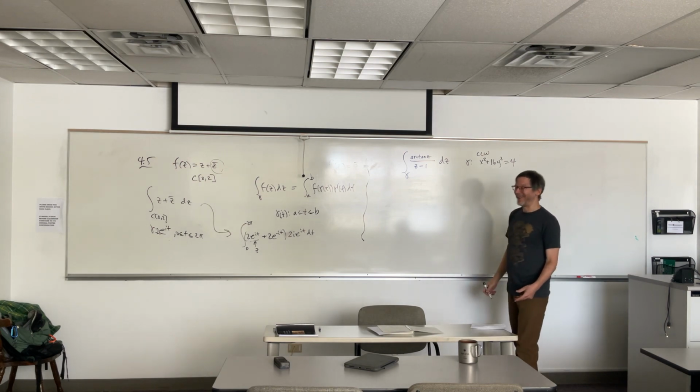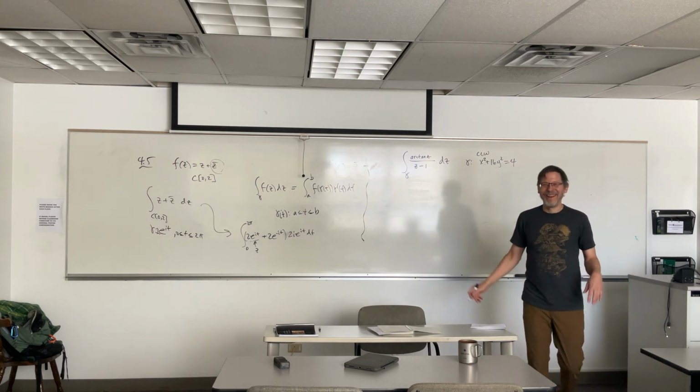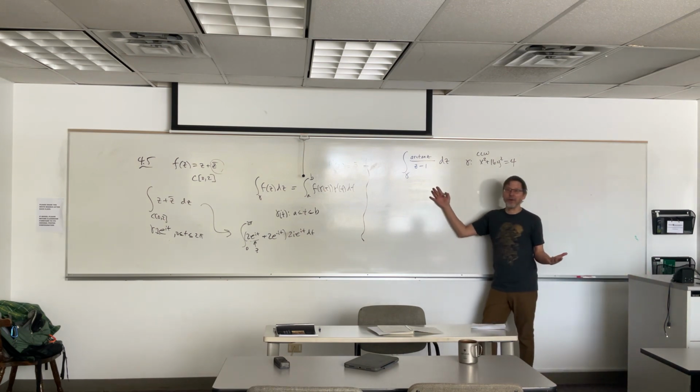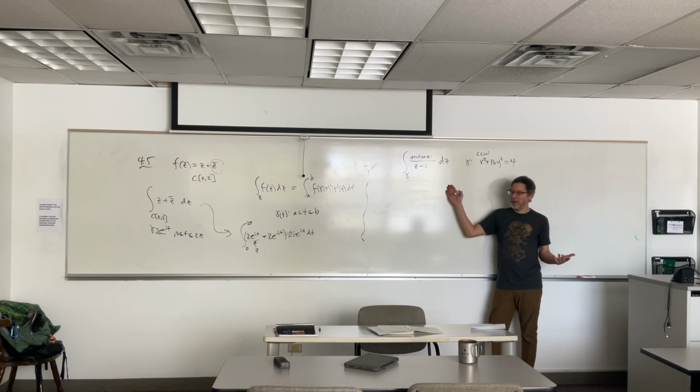This is a good warm-up because you have to pull a bunch of things together. So, where is a problem for this integral? What results are we going to use here, and what do we need to check?